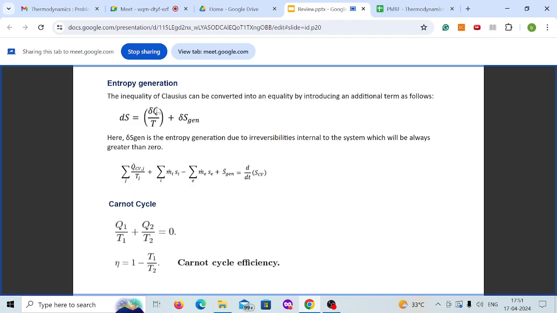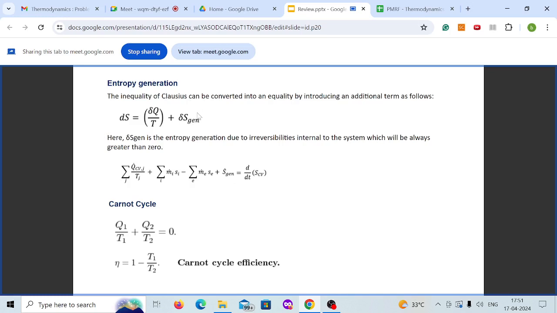We said that dS should be greater than or equal to 0, and dS should be greater than or equal to the integral of dq by T. So for a given process, you convert that inequality into an equality by adding a term called S generated, to account for the internal irreversibility of the system.